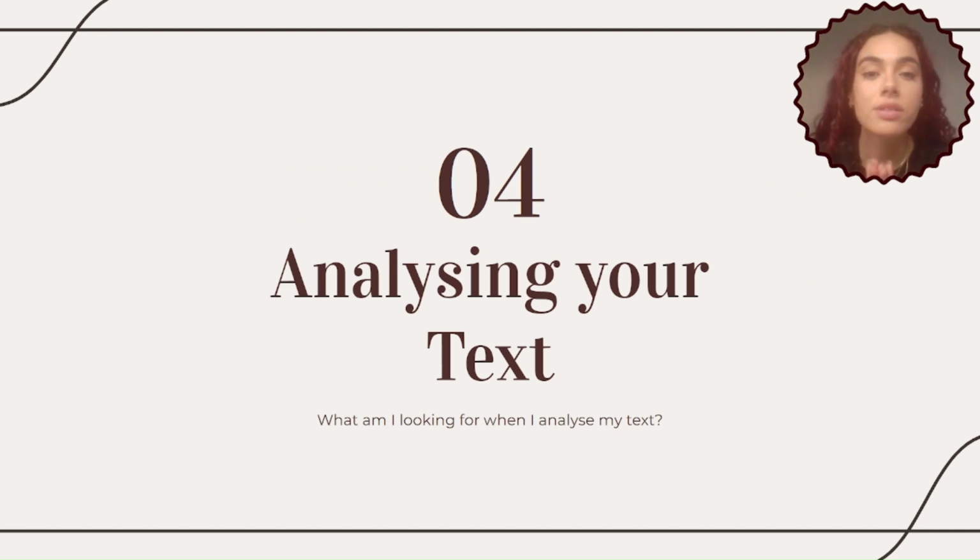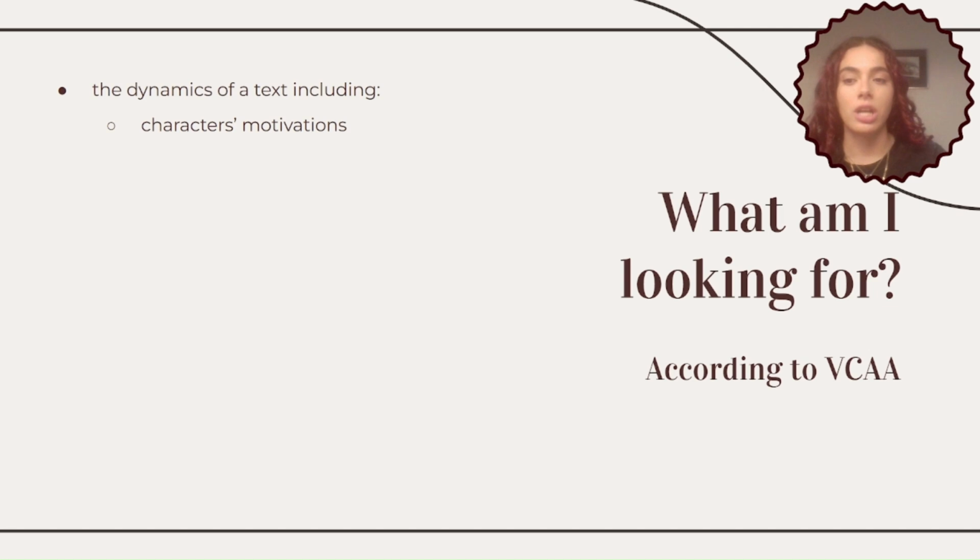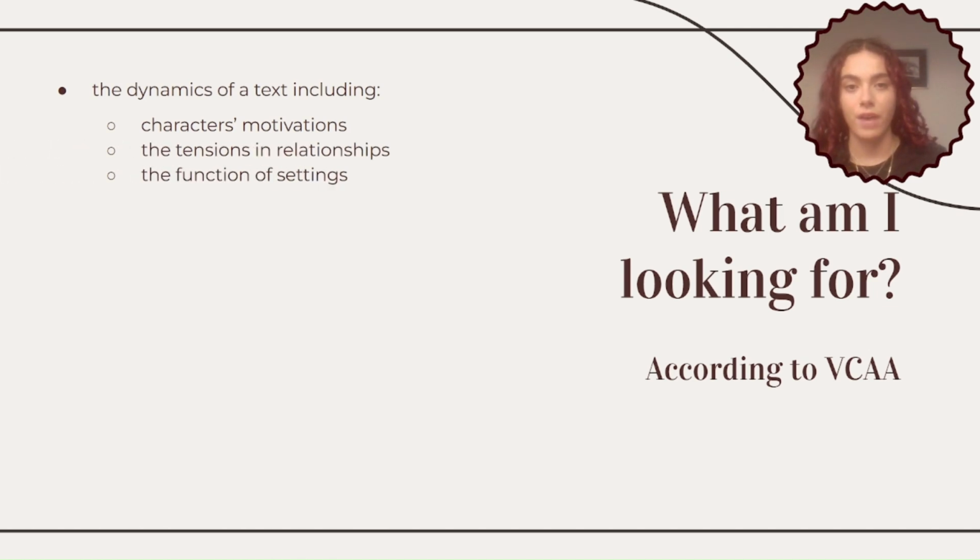So in this fourth section of the presentation, we are going to be looking at how you should be analyzing your text and the things that VCAA is really looking for. This was pretty much what we were looking at before, in the rubric and the outcomes. So the dynamics of the text, character motivations, tensions in relationships, function of setting, how does the setting build upon our ideas of the text.